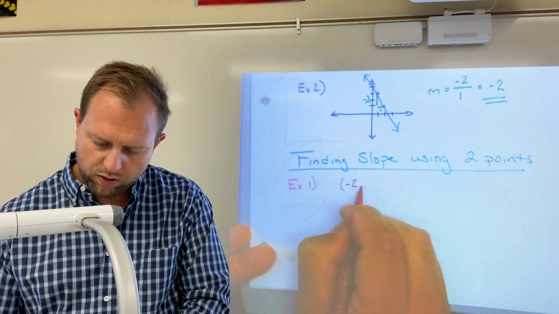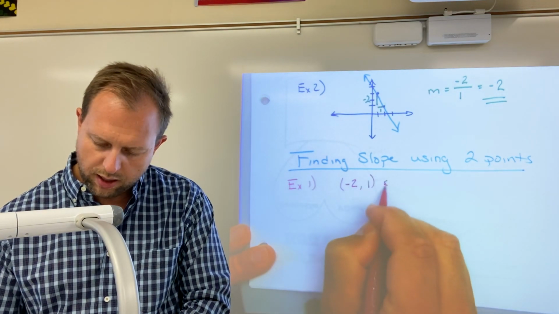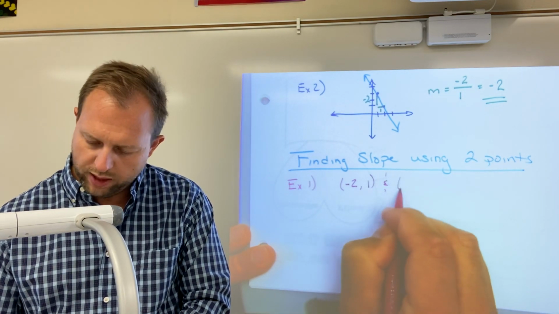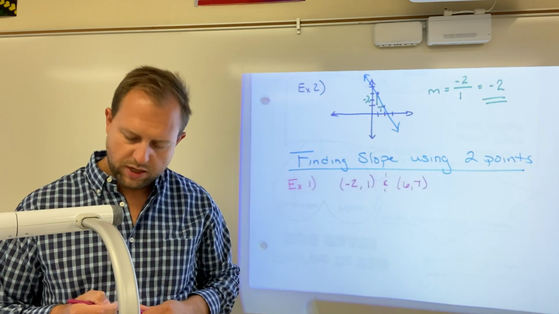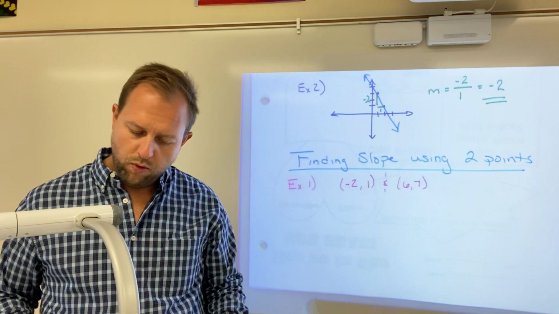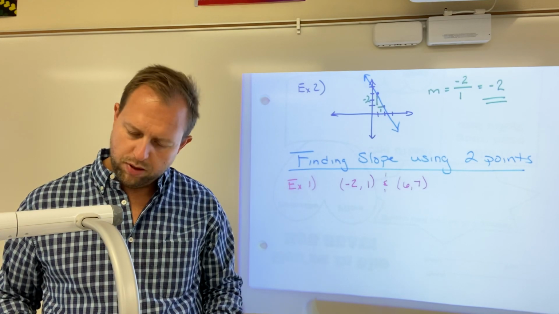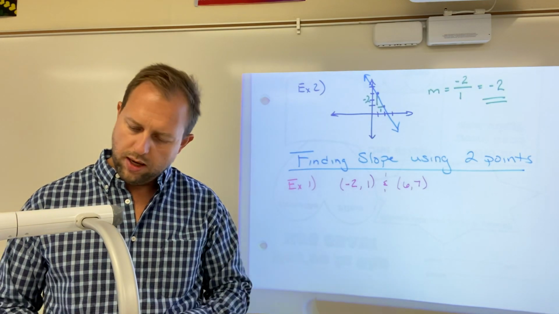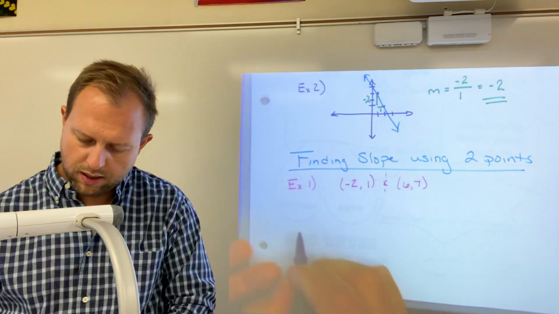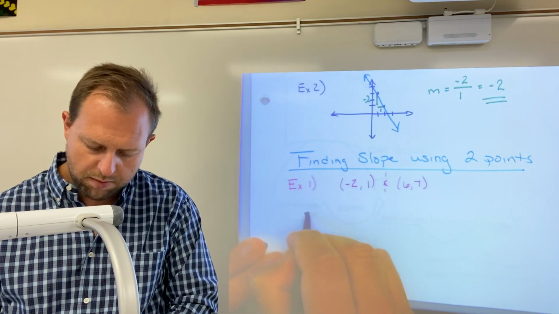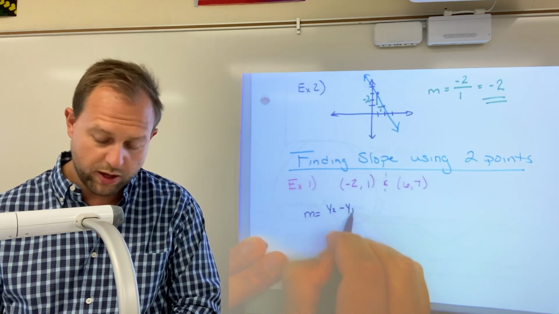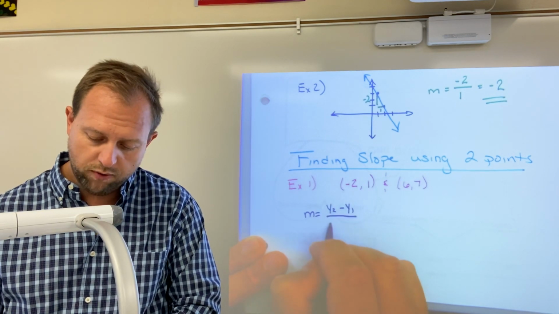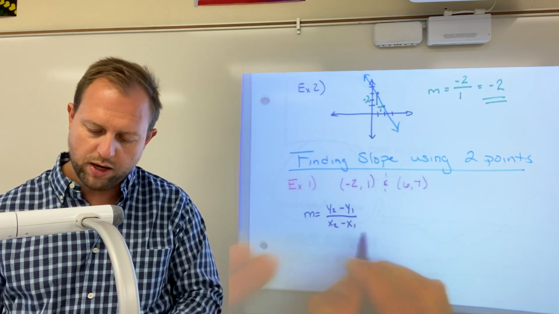Point -2, 1, and point 6, 7. Okay? The equation for slope is m equals y2 minus y1, or that change in y, over the change in x, x2 minus x1.